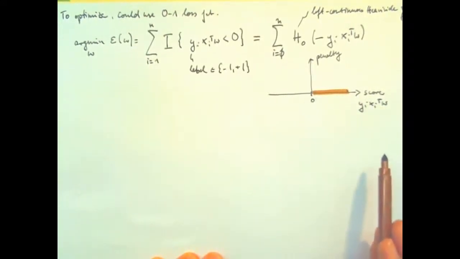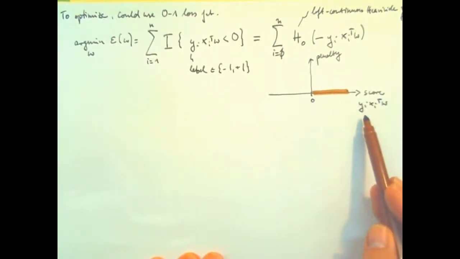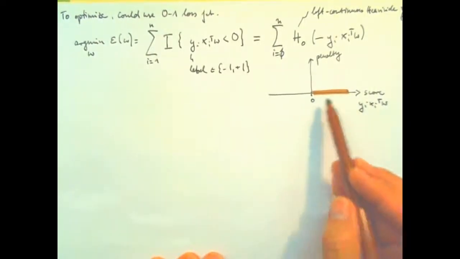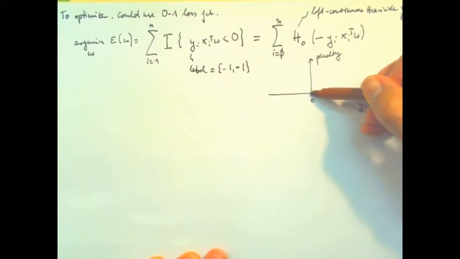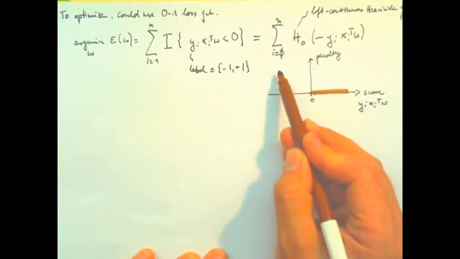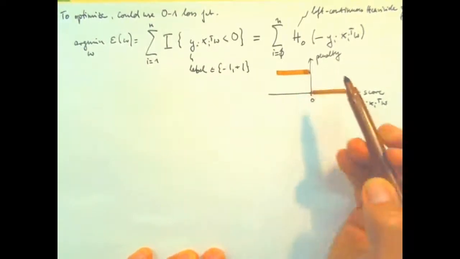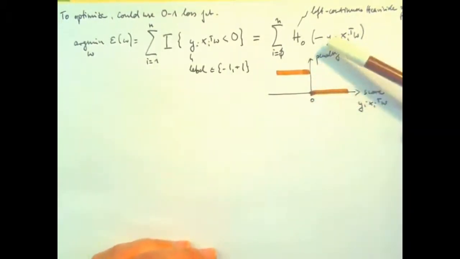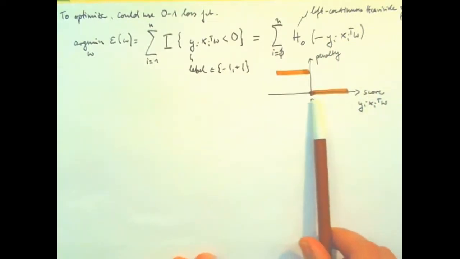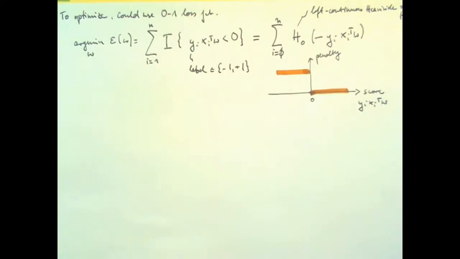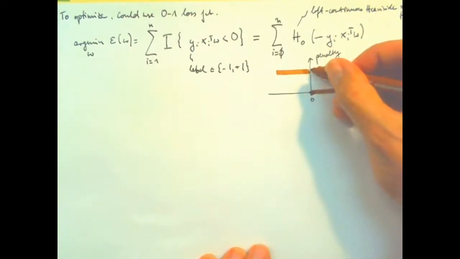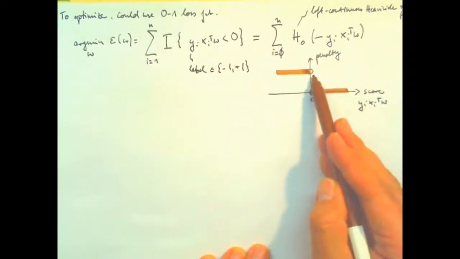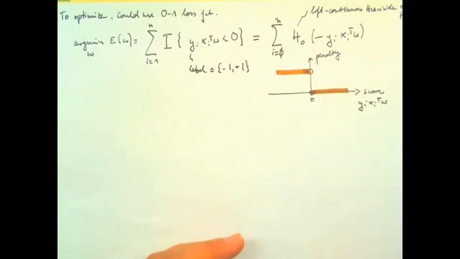Or if I predict a value smaller than 0 for the negative class, that's also correct, my penalty will be 0. And if I make the wrong prediction, I incur a penalty of 1. And by left side continuous, and I've turned it around due to this minus sign here, what I was referring to is that if I predict 0, I don't give an error yet, only when I'm on the wrong side. So at position 0, the value is 0.